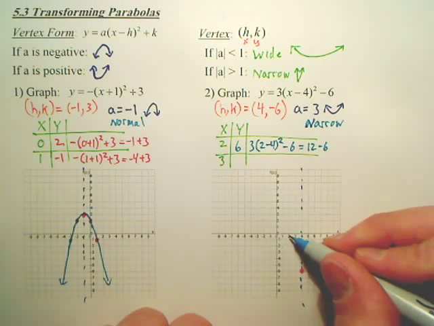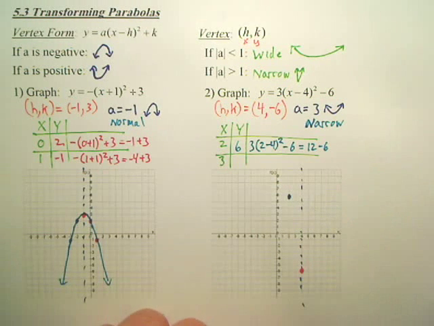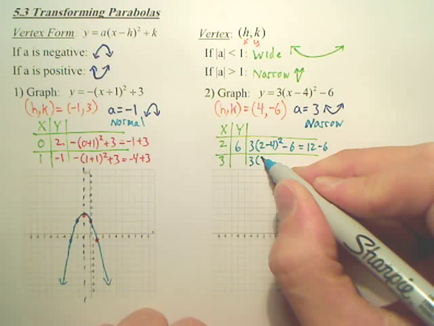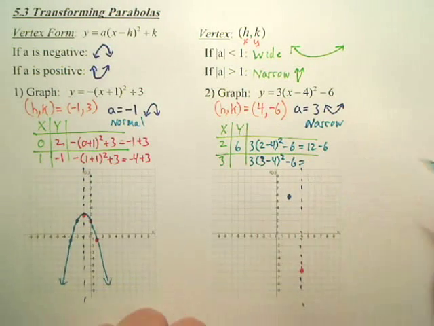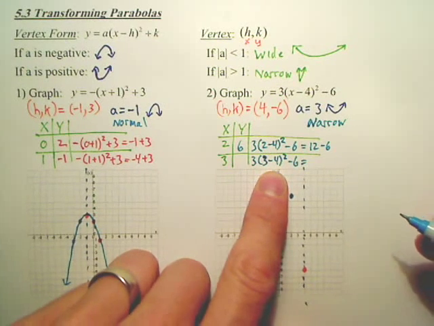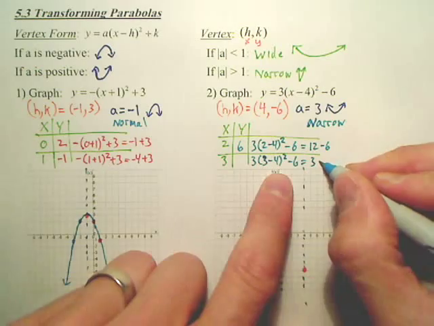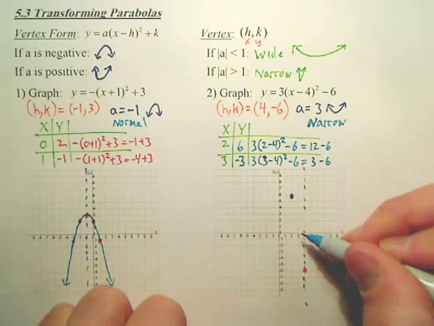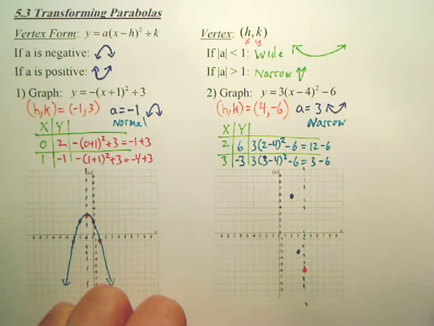So at 2, it's going to be up 6. Here you have -1 squared, which is 1. 3 times 1 is 3. 3 minus 6 is -3. So at 3, you're going to be at -3.